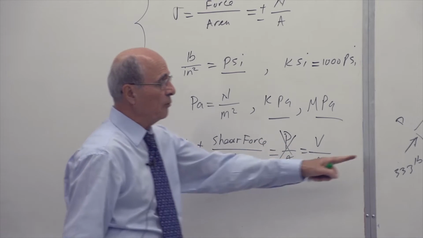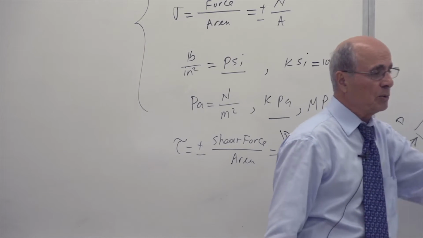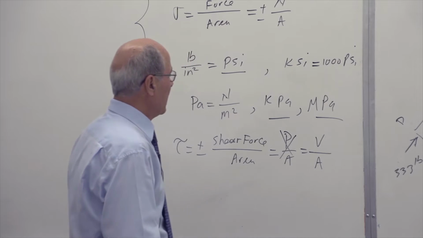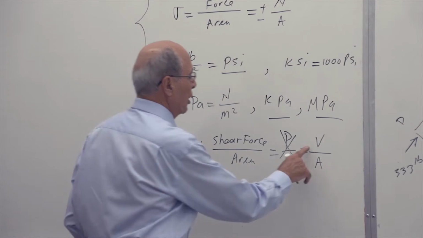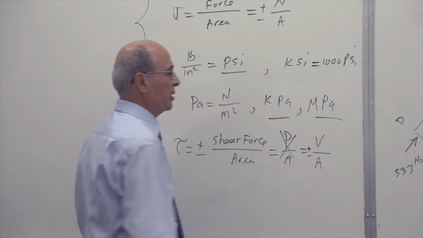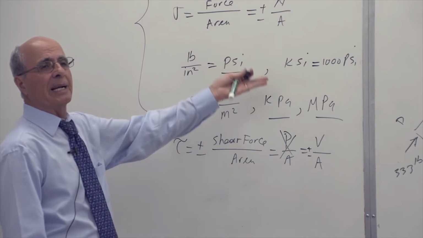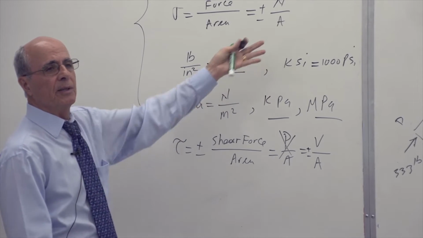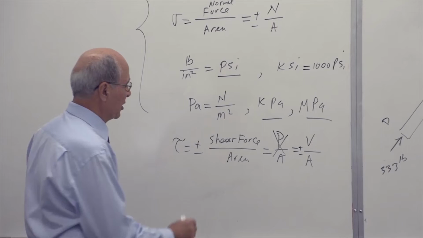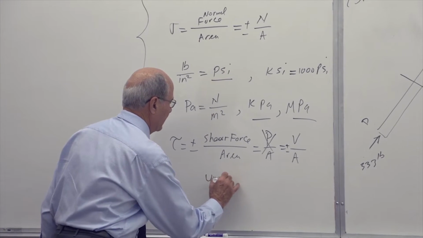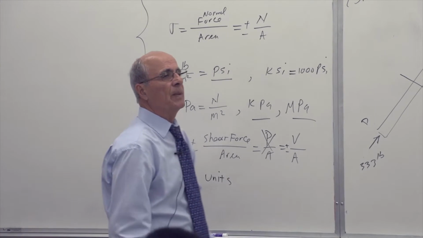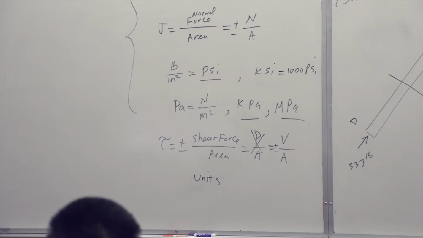Usually we use P for external. So I want you to see the difference between the two. And of course, there is a plus or minus there. We'll discuss it later. The unit will be exactly the same because the unit is force over area. Doesn't matter, the units are exactly the same. Is that understood? Yes?